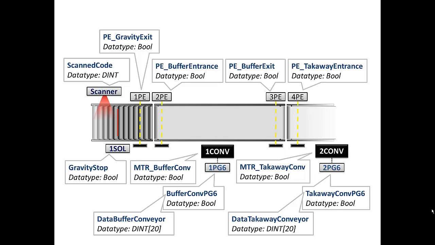The motor was a Boolean data type, the takeaway conveyor motor, and that motor is going to drive the takeaway conveyor pulse generator. And that pulse generator is going to drive code that again creates a data conveyor that is a mirror image of the actual carton that's on the takeaway conveyor. This is the data image of our process.